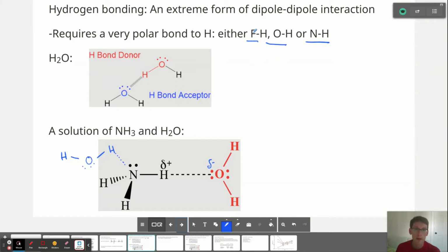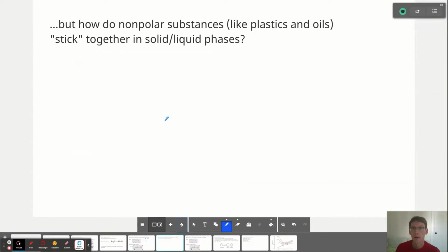A good way to remember this is that hydrogen bonding is FON, F-O-N. So again, you need an NH bond, an OH bond, or an FH bond for hydrogen bonding to occur.